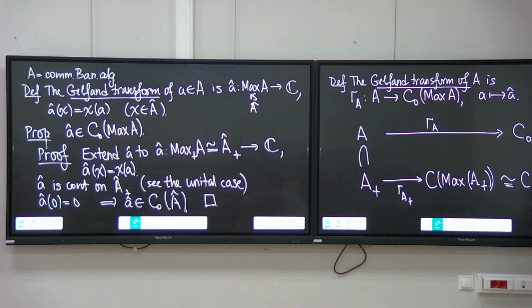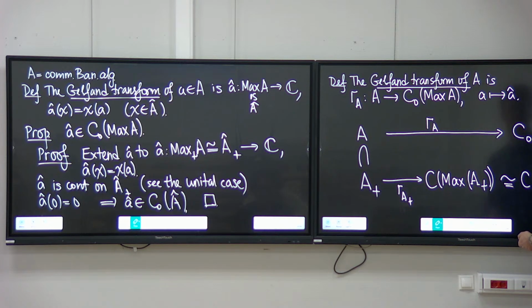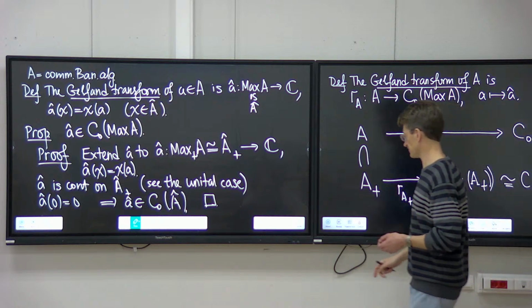So it is an ideal in here. And the diagram commutes just by construction. Let's observe that the diagram commutes. This easily follows from the construction.